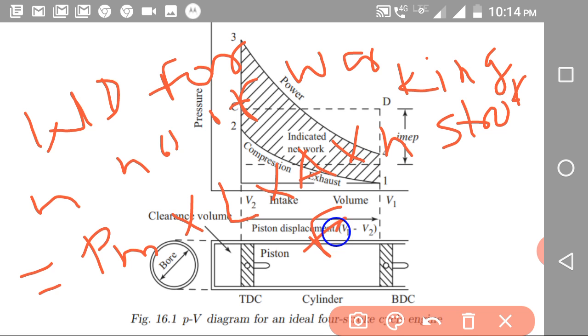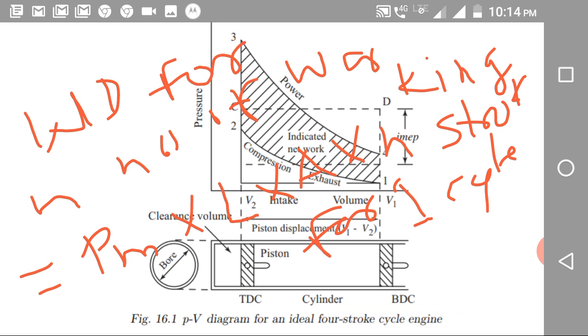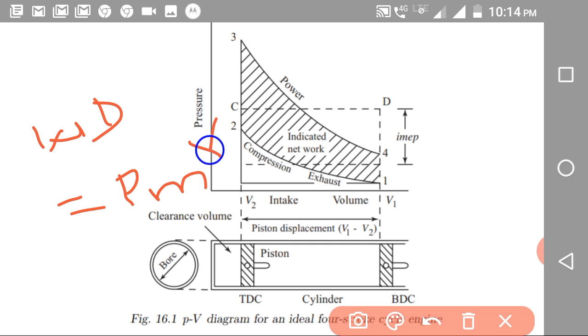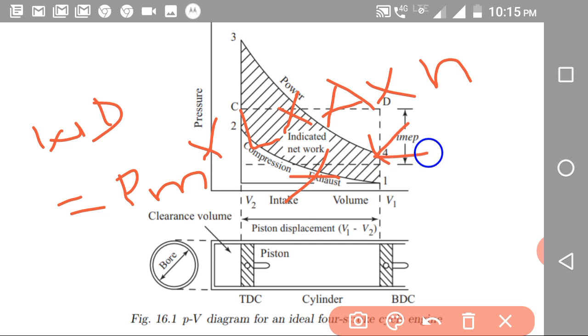If we are finding the work done for n number of working strokes and k number of cylinders, then work done is equal to mean effective pressure into stroke length into piston area into number of working strokes into k number of cylinders.